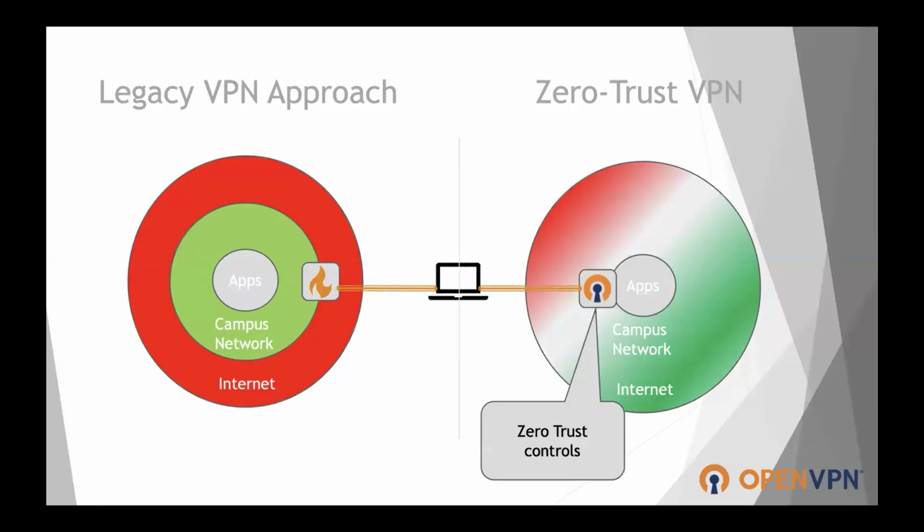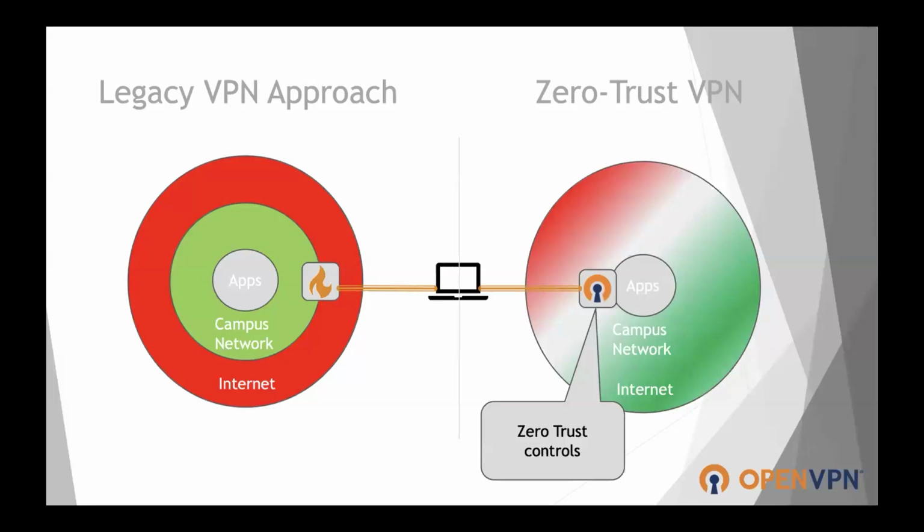So this is a simplistic view of the legacy VPN approach, where trust is granted based on where you're connected or on the perimeter. Trusting that there is a green zone, there is a red zone. If you're in the green zone, you're good.